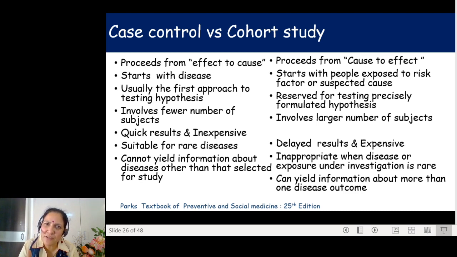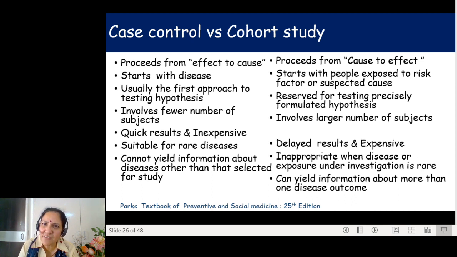In case control, a small number of subjects will suffice, whereas a cohort study involves a large number of subjects because there are chances of attrition as you follow up in time. Case control studies usually provide quick results and are relatively inexpensive, whereas cohort studies take time and are expensive.